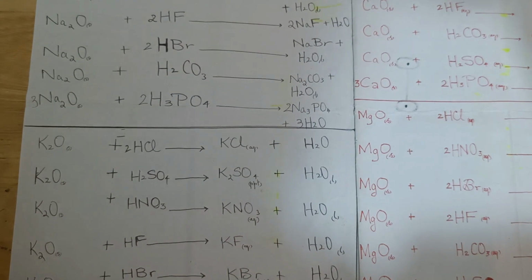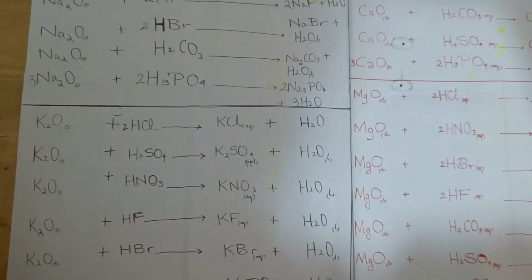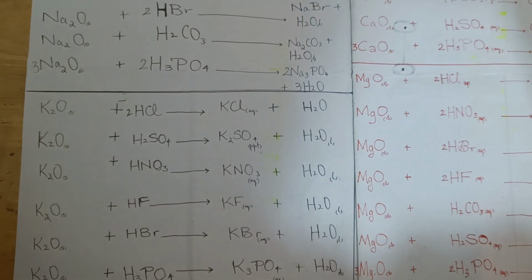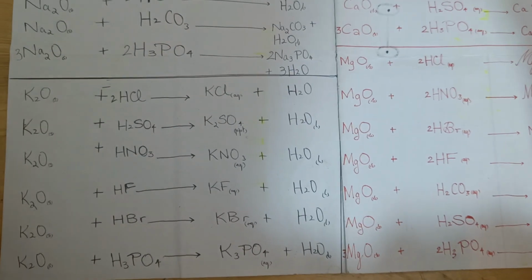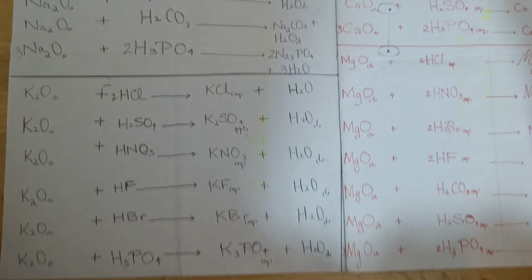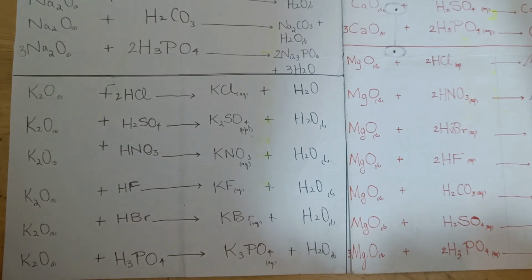When potassium oxide reacts with nitric acid, it gives you potassium nitrate, which is very important. Potassium sulfate and potassium nitrate are very important plant and crop fertilizers, and they're sold in bulk quantities to farmers.